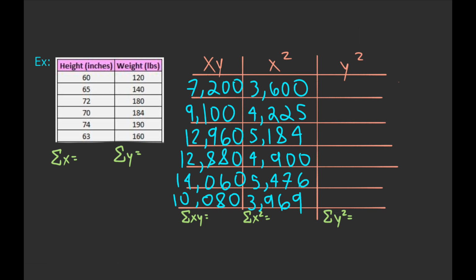Next, we're going to go to the y squared column. The first row is 120 squared, which is 14,400. The second row is 140 squared, which is 19,600. The third row is 180 squared, which is 32,400.